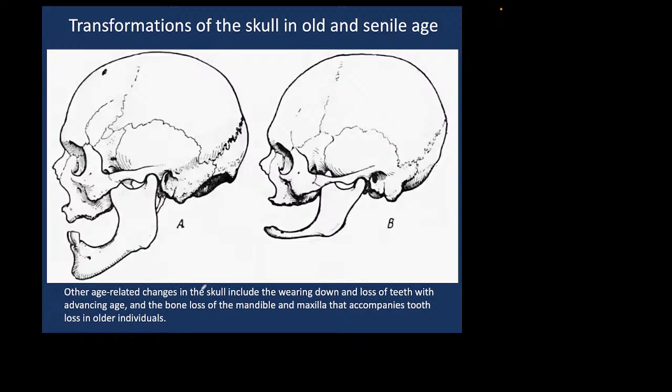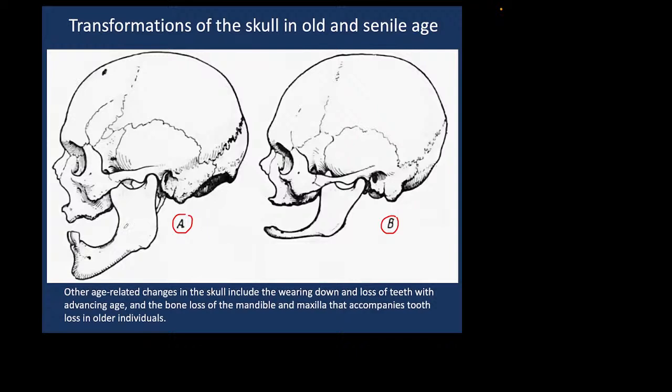And some differences, some age-related changes we see in the skull during the development. Here you see the adult skull, but very old human, and these differences are good visible.